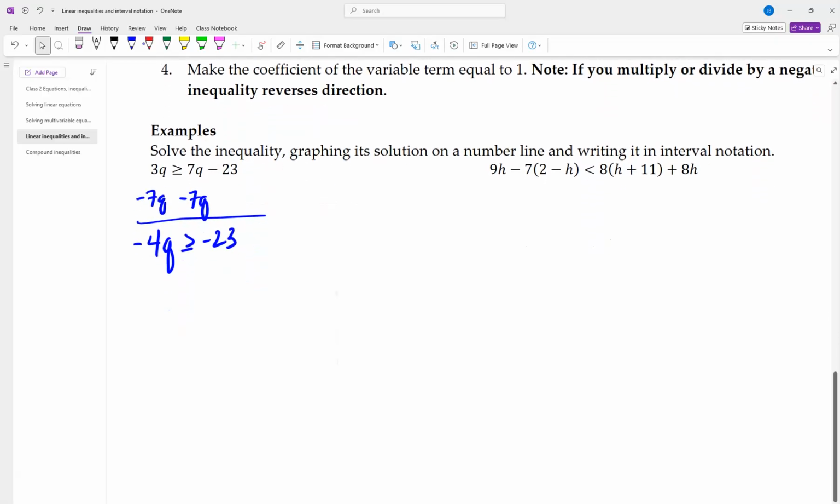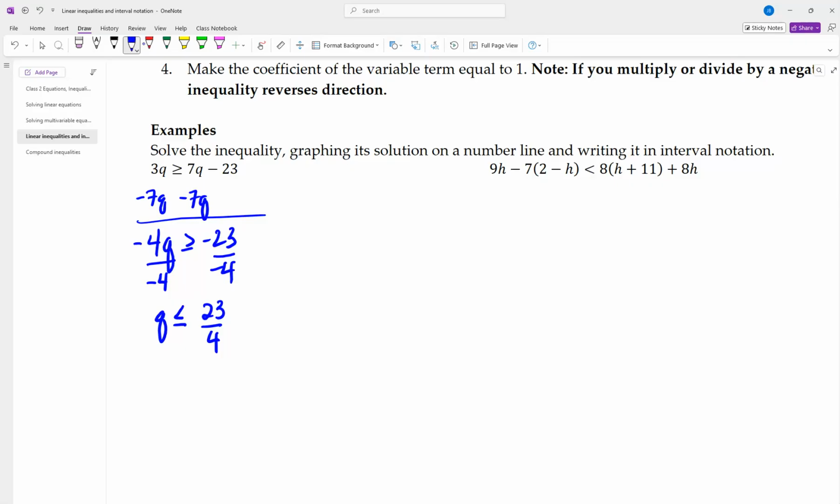And so then I would isolate q by dividing by negative 4. And then q is now less than or equal to, I divided by a negative, 23 over 4. And I'm going to leave it as an improper fraction.